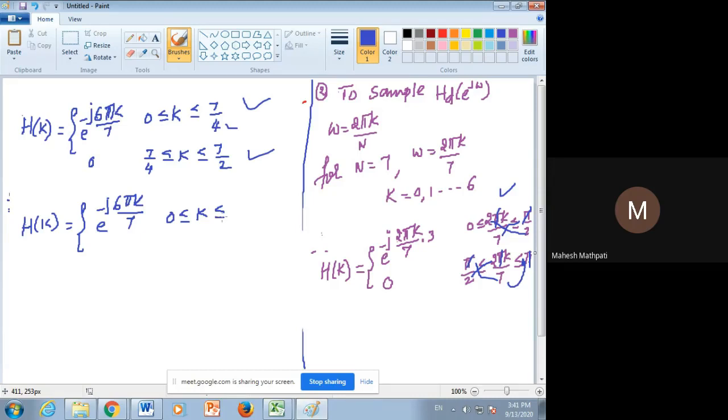What is its nearest integer value? 1.74 can be written as 2. That is the nearest integer value.